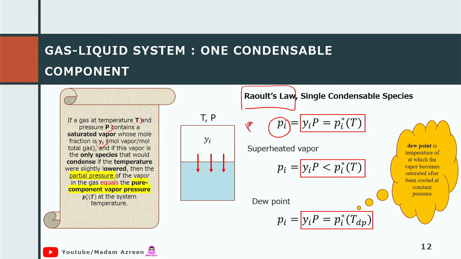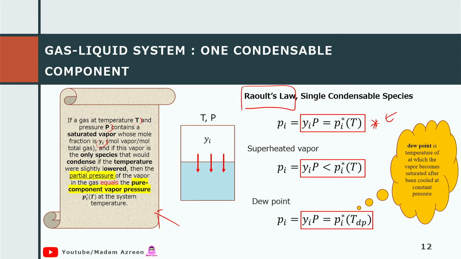Okay, this is the partial pressure, and then this is the saturated vapor pressure at a specific temperature with a mole fraction. So it will just be equal. Don't worry so much about this, you just remember this equation. I'm not going to ask you the definition, this is for you to understand. So this is Raoult's law.